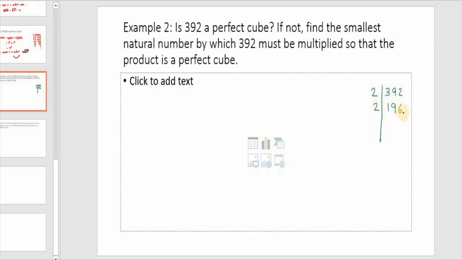Again 196 is divisible by 2, and we get 98. 98 is 2 times 49. Now 49 is divisible by 7 only. 7 sevens are 49, and 7 ones are 7. So I can write 392 as 2 multiplied by 2 multiplied by 2 multiplied by 7 multiplied by 7.